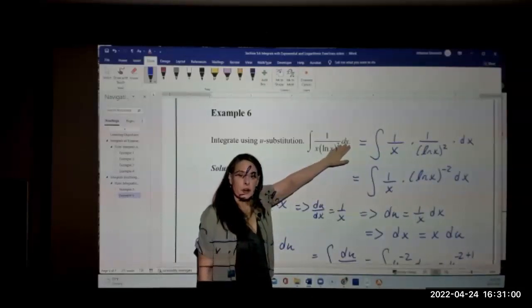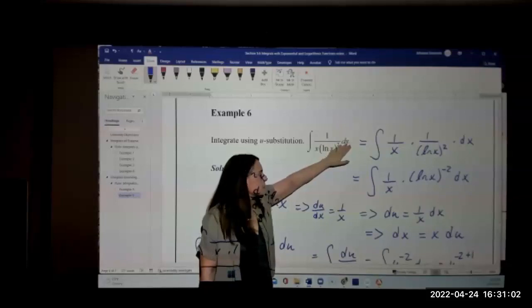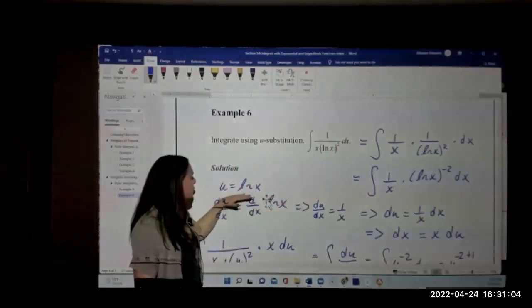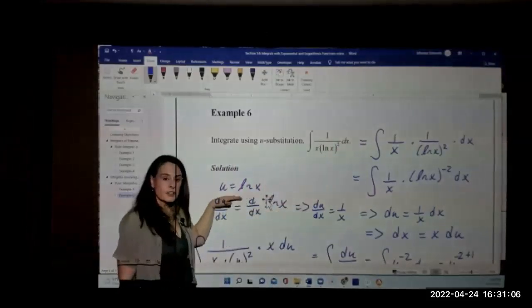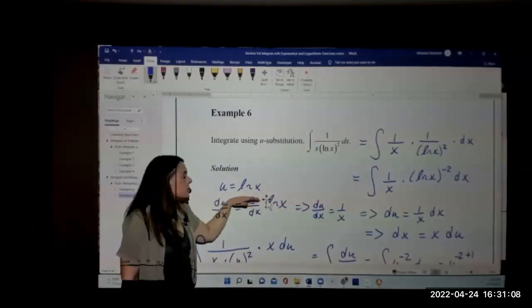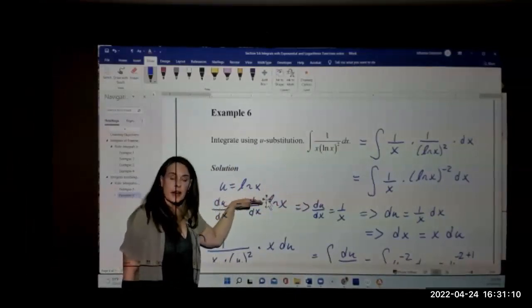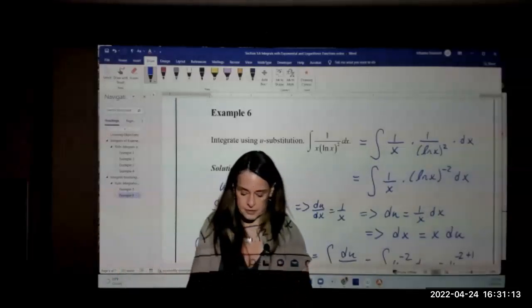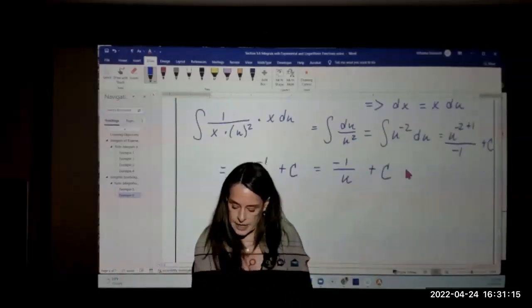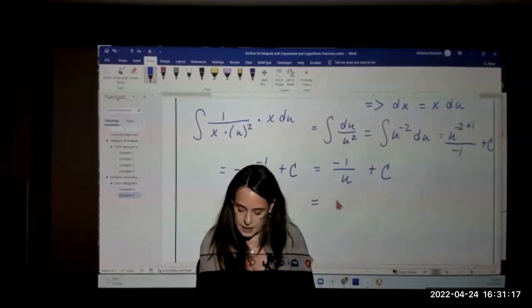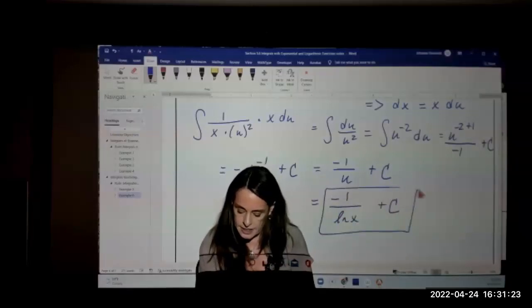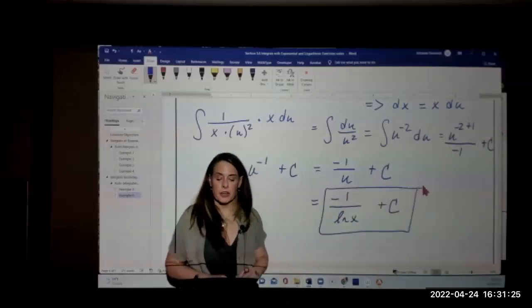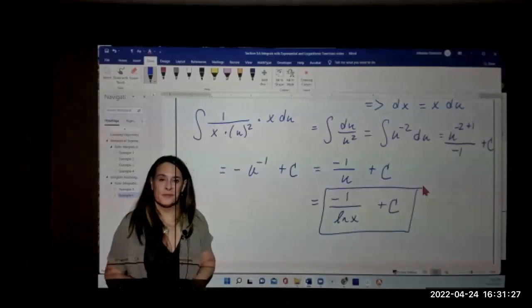I need to return the antiderivative function in terms of x. My u was natural log of x, as you can see right here. So I'm going to back substitute natural log of x in place of u. Coming down here, this gives me -1 over the natural log of x plus a constant. This is the antiderivative function of the original integral.